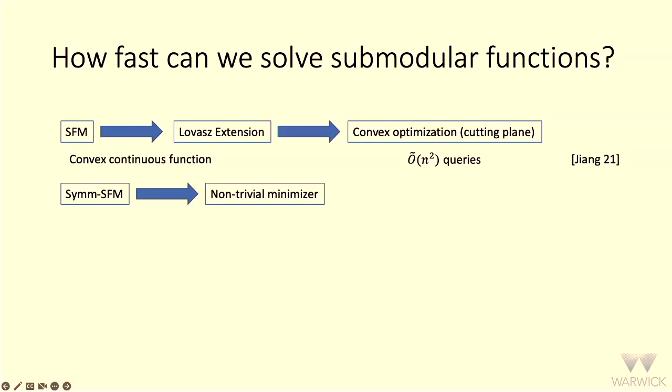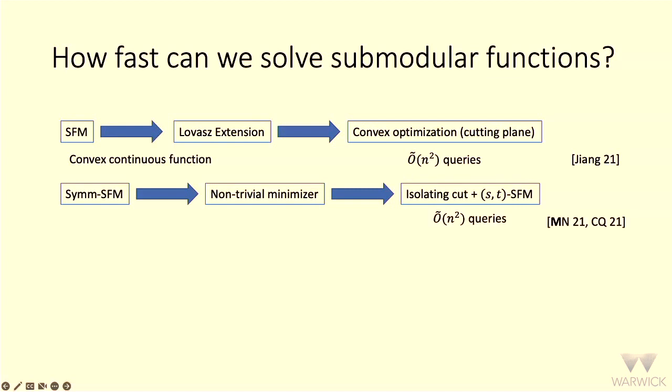This will give you a minimizer. It can very well give you the empty set for symmetric submodular. But there is a way, first observed for cut functions, called isolating cuts. Think of it as a black box which uses the s-t version of the symmetric submodular function to give you a non-trivial minimizer, and it maintains the runtime, the query complexity. Again, n squared. So that's the state of the art when it comes to upper bounds.